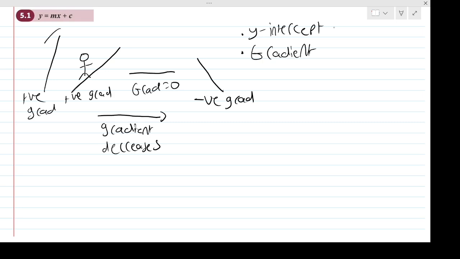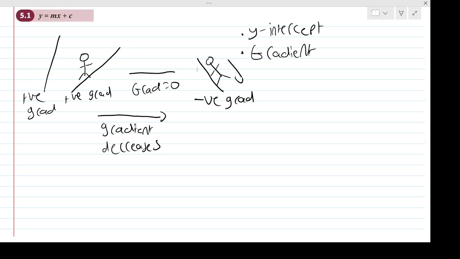However, this one would be higher than this one, gradient wise, because the first line is steeper than the second one. But they're both positive because they're both going up. This one's going down, so it's negative, and it's like a slide. If I draw another diagram, it's like a slide going downwards, so you're not climbing up at all.